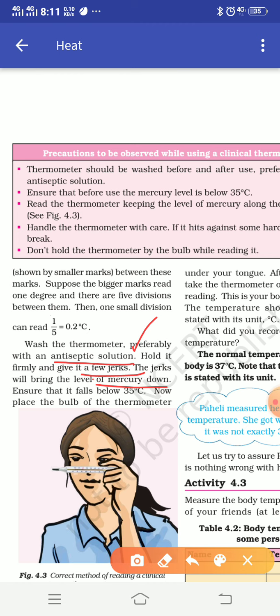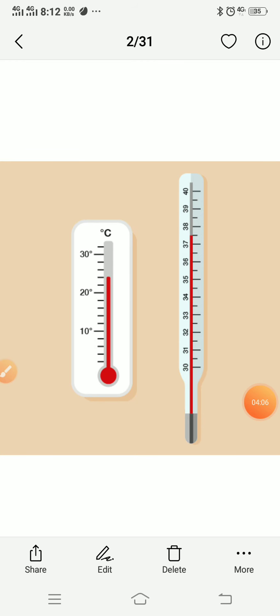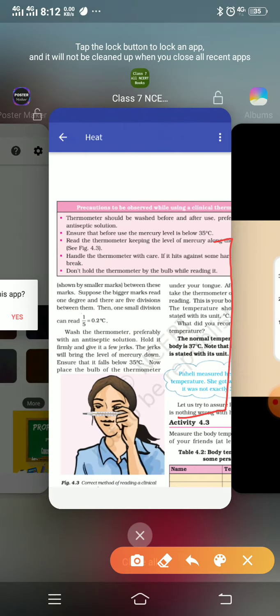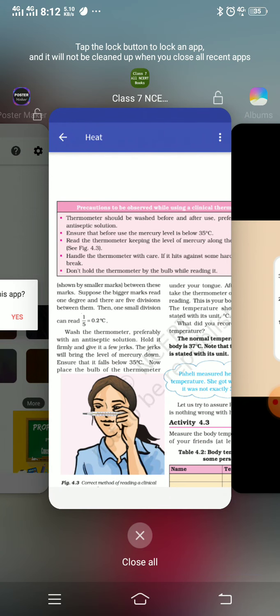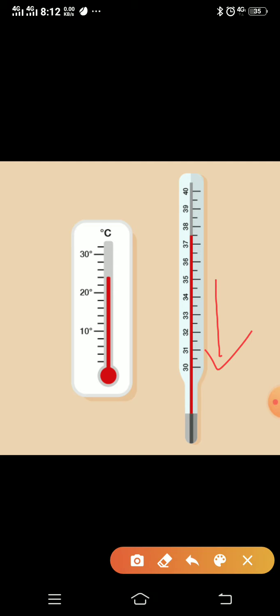And what is the role of mercury? Mercury shows the exact temperature to you. Let me show you how. This red line is indicating the mercury. Before use, it must be below 35 degrees.